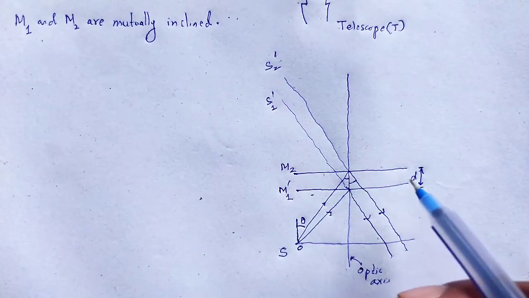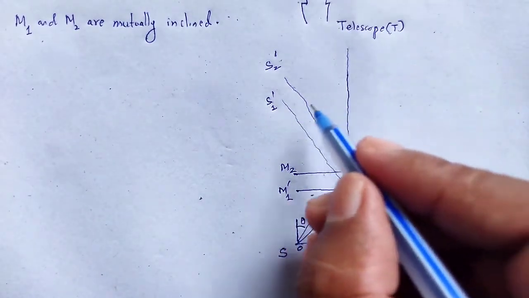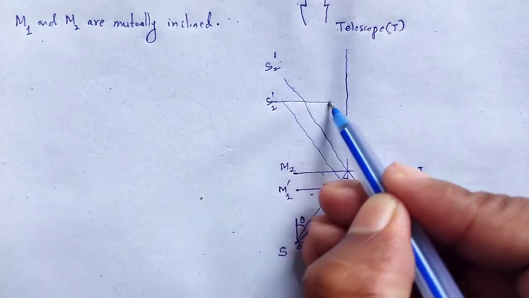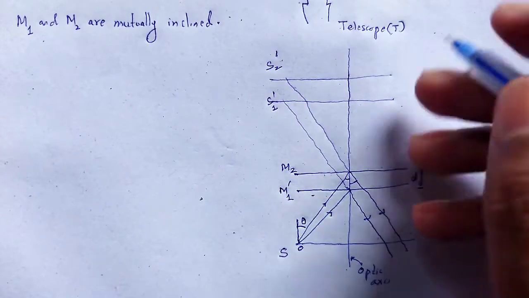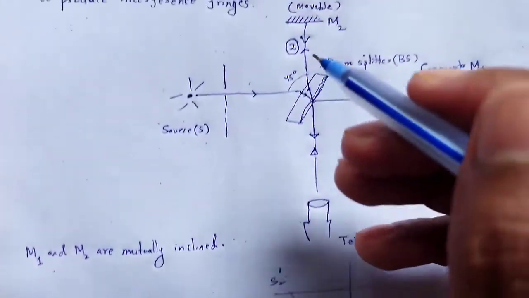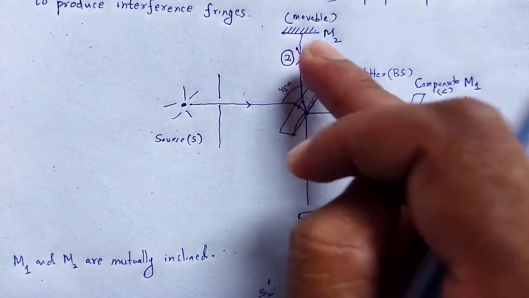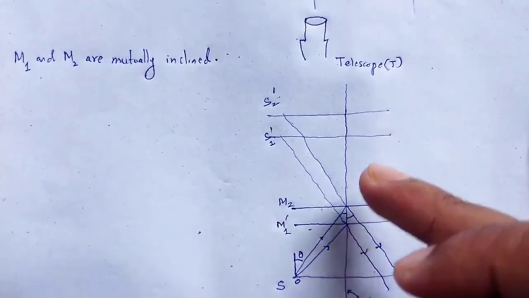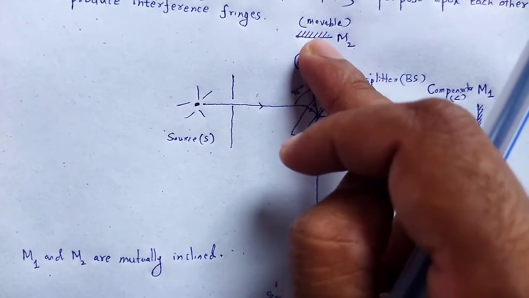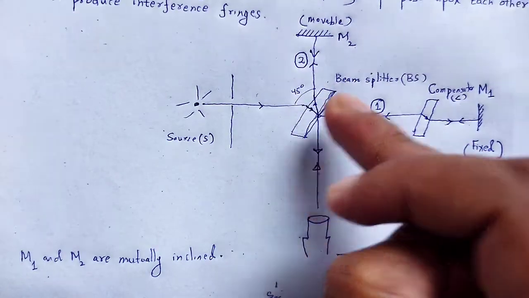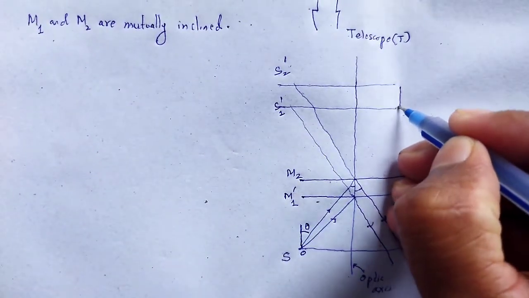So, let me find what the path difference is between these two sources of light. Taking the path difference that light takes, one is going towards and again reflects back, so that distance will be 2d.